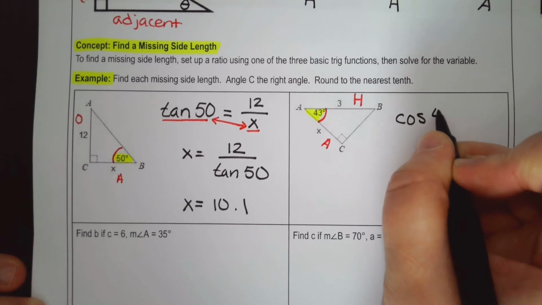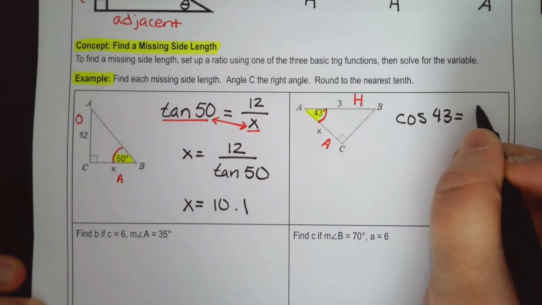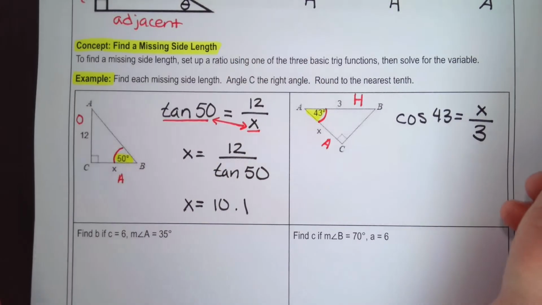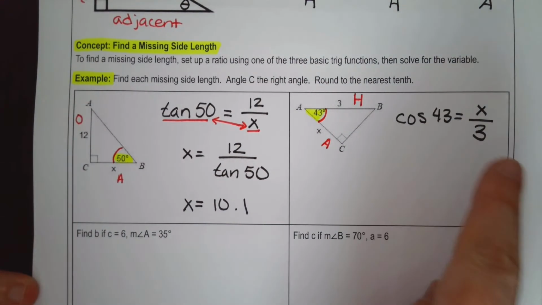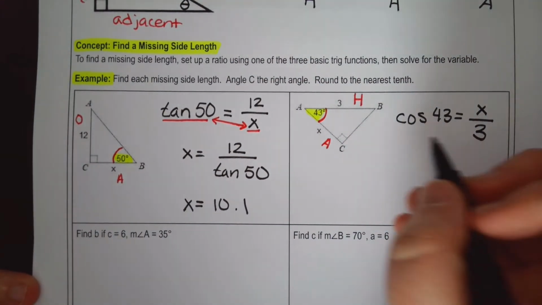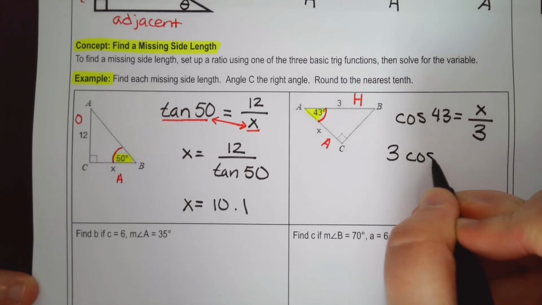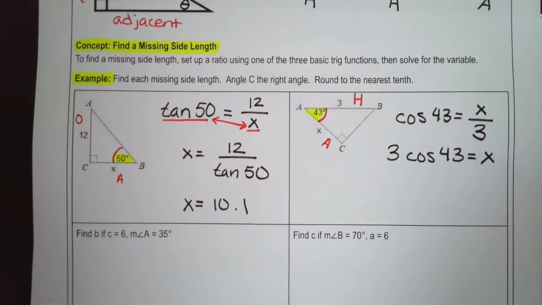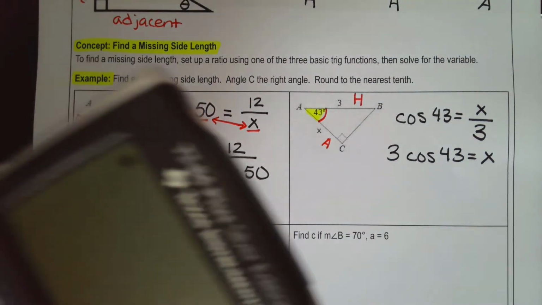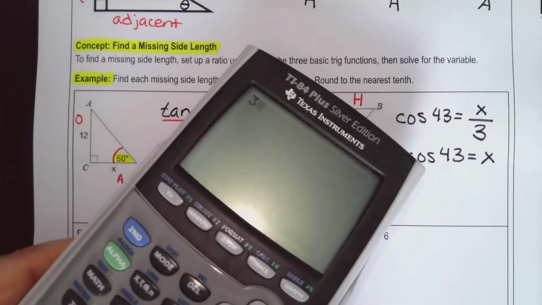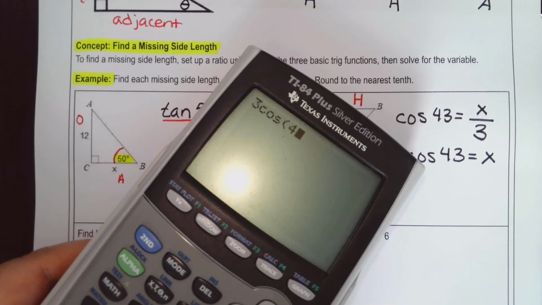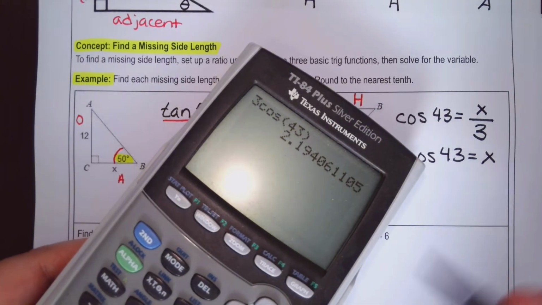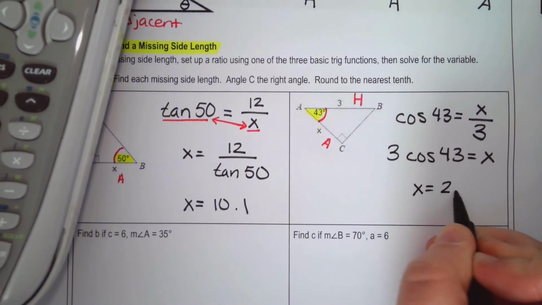So the cosine of 43 degrees is equal to the adjacent, x, over the hypotenuse, 3. When the variable is on top, we just multiply both sides by the bottom. So x is 3 cosine 43, and there we go. x is equal to 2.2.